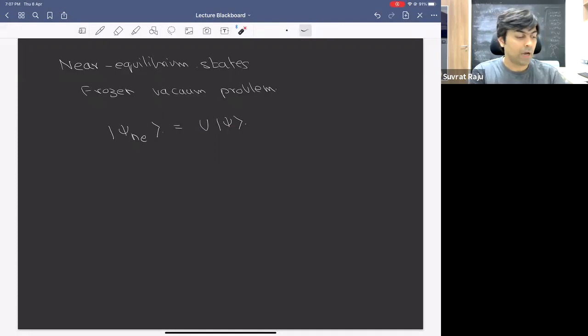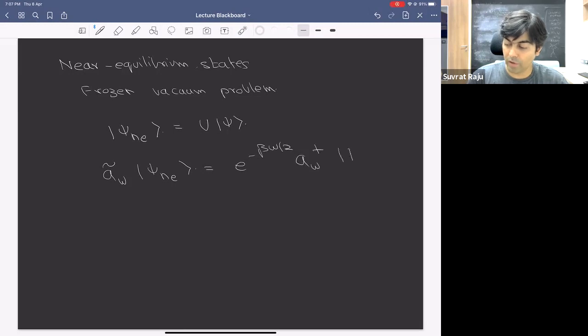Now, if somebody just gave you this near equilibrium state, and we tried to ask what is a omega tilde on psi ne. Let's say somebody said, well, I don't know about your equilibrium condition, I'm just going to define this to be e to the minus beta omega by 2 into a omega dagger into psi ne.